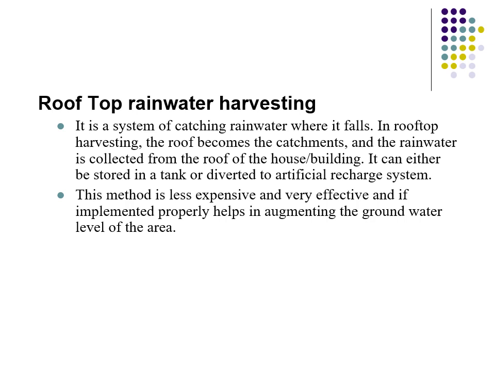Rooftop rainwater harvesting. It is a system of catching rainwater where it falls. In a rooftop harvesting system, the roof becomes the catchment, and the rainwater is collected from the roof of the house or building.